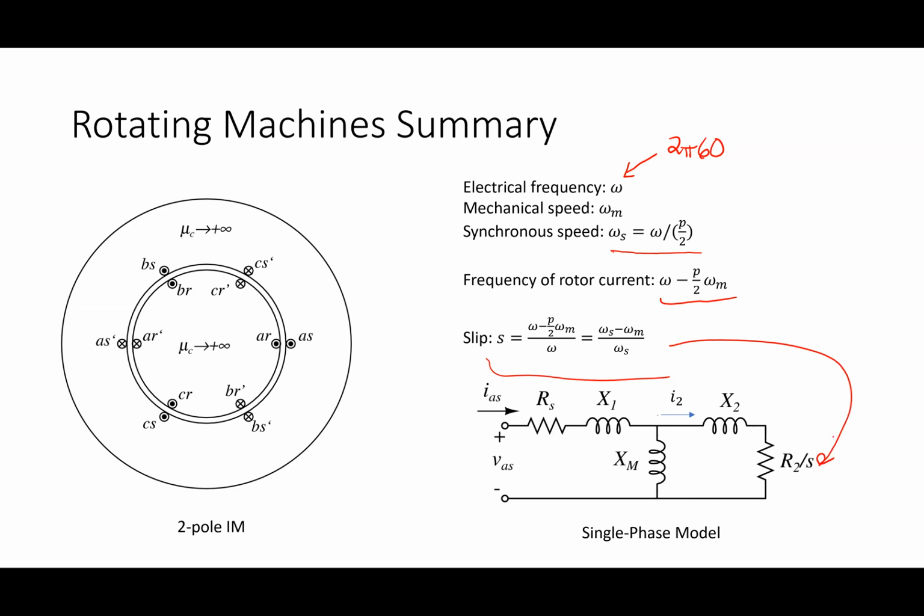That resistance depends on slip. Intuitively, and we're going to calculate an example in a second, it is a per unit value. But it's basically telling me as a fraction how far off the mechanical speed of the rotor is from its full speed.